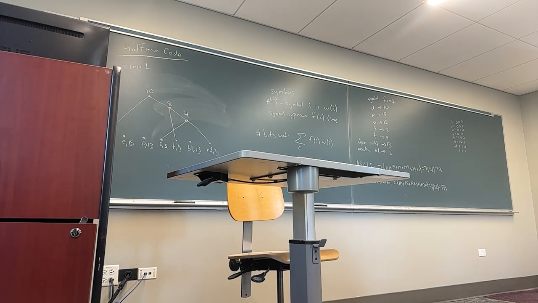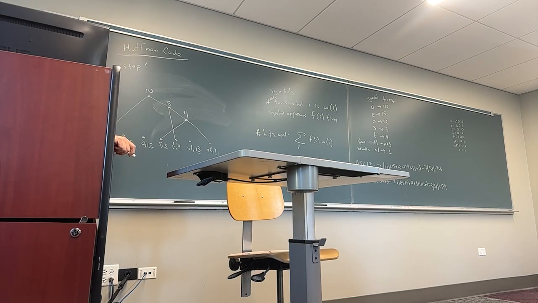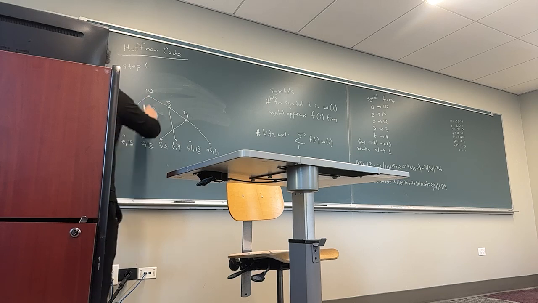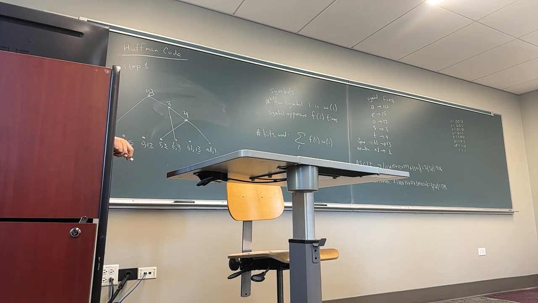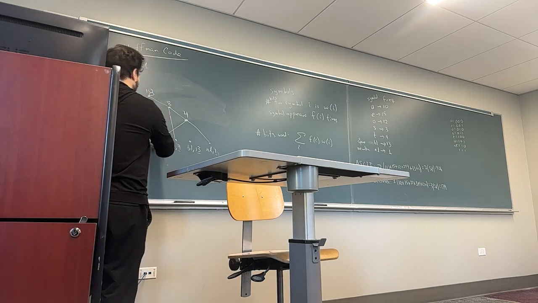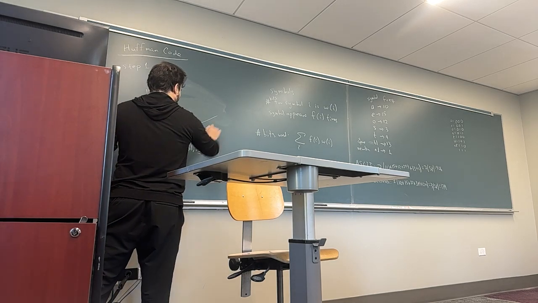And then the next two smallest ones are, sorry, 8 plus 10 is not 10, it's 18. So this is 18. So the next two smallest ones are 12 and 13, which I'll put over here.